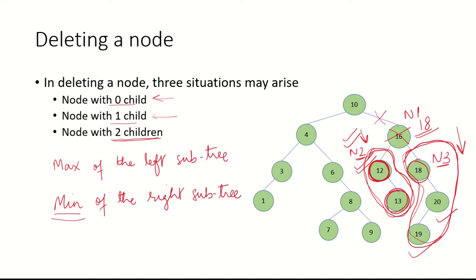Moreover, the left subtree, which was having values less than 16, would still have values less than 18 as well, because 18 belonged to the right subtree. So we see that if we have a node with 2 children and it has to be deleted, we can take either of these 2 options.